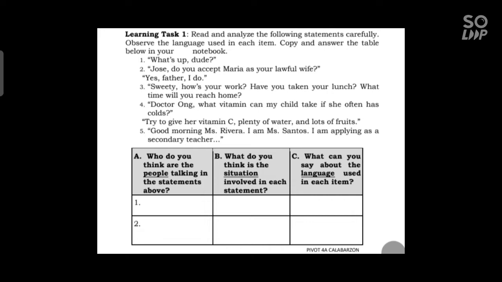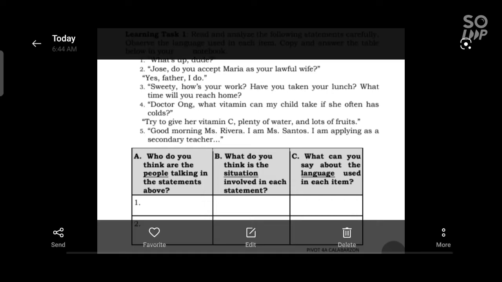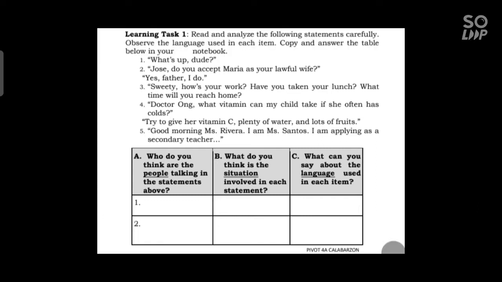Maybe they have seen each other for quite some time. They are asking how each other is doing. That's why the person said, "What's up, dude?" In Filipino, kinukumusta niya. So, how are you? That is a greeting. So you may write, that's a greeting.